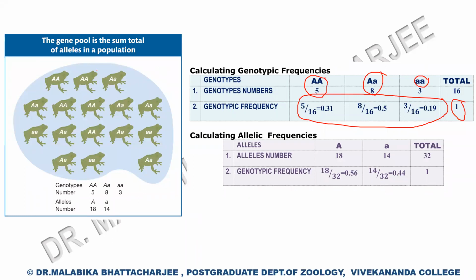Now, if I calculate the capital A allele, if you remember, there are 5 individuals, each having 2 capital A alleles. So how many alleles are present for capital A in these 5 individuals? 5 into 2, that is 10, because each individual is carrying 2 capital A alleles, and there are 5 individuals. So in total, we have 10 capital A alleles.